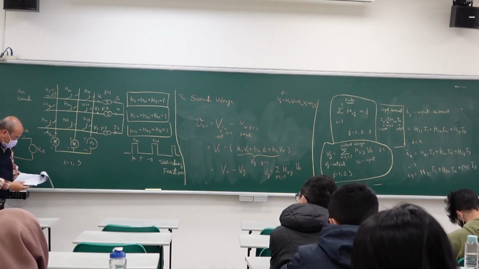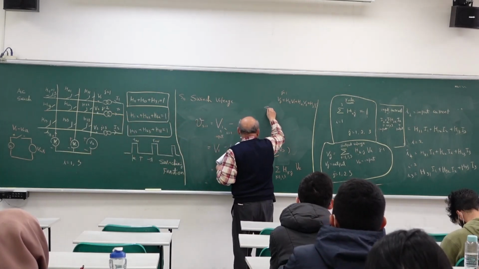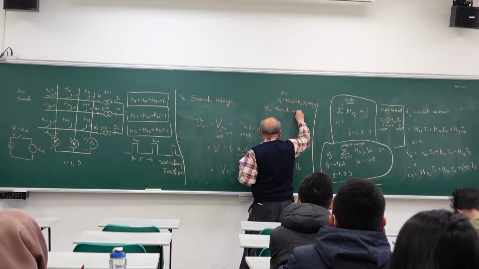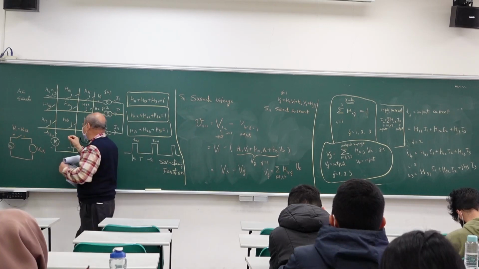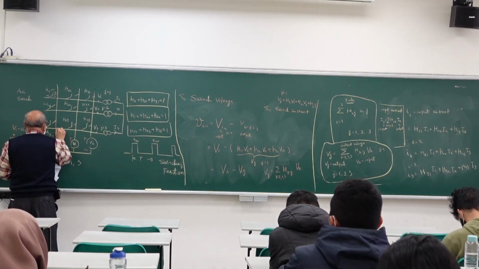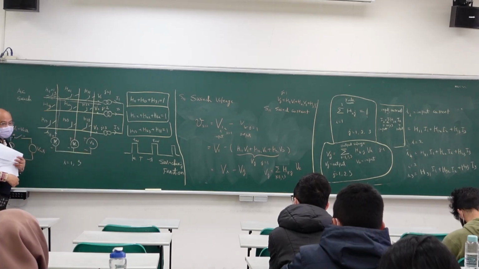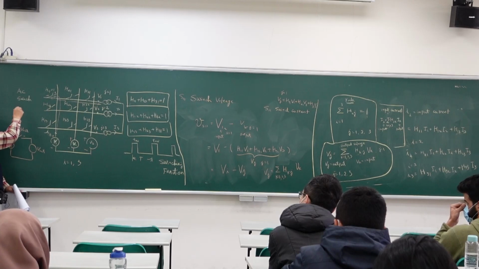So how about the current? The S11 switch current. What is the current? If this turns on, then we can have a current go this way, right? So how much current flows through the switch?